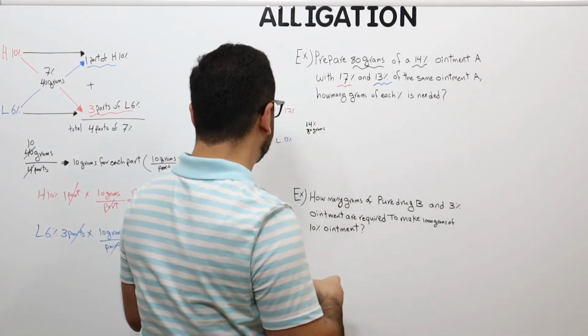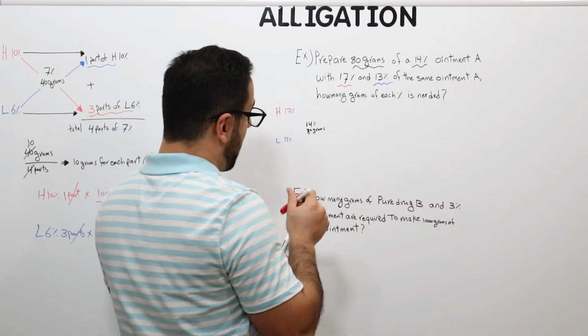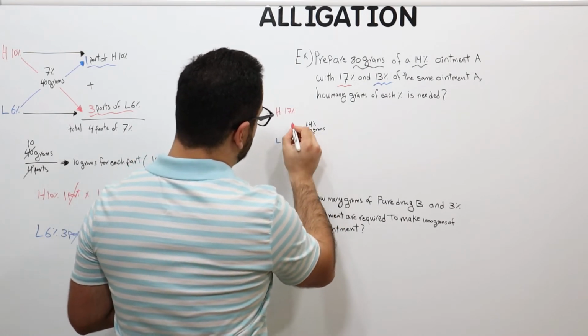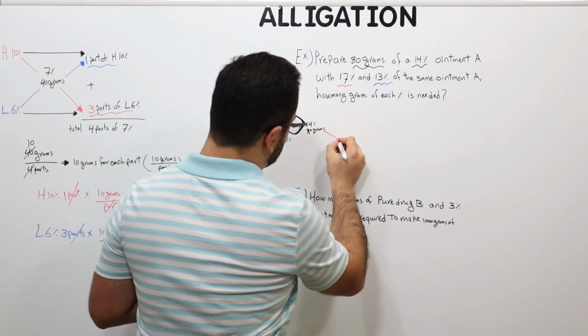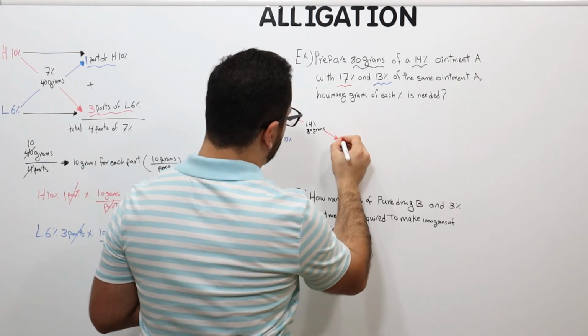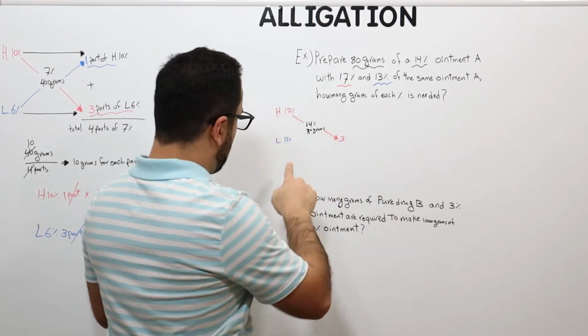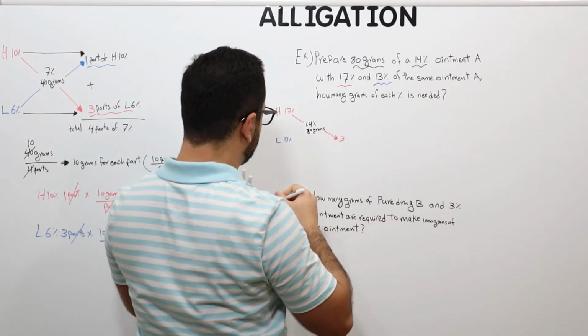So the next step is drawing the 2 lines, subtracting lines. So 17 minus 14, that's basically 3. And 14 minus 13 is basically 1.